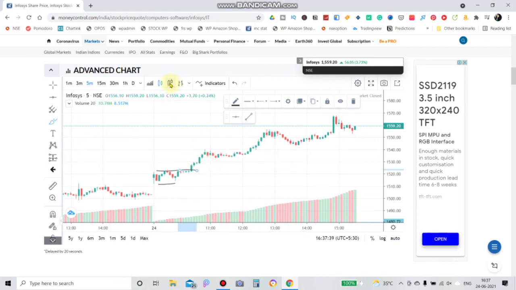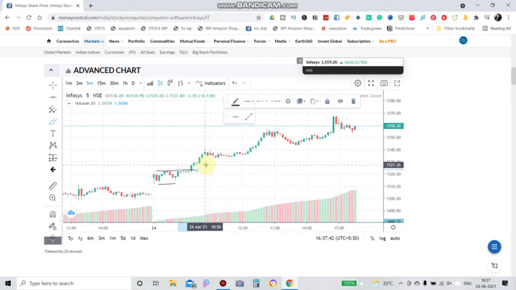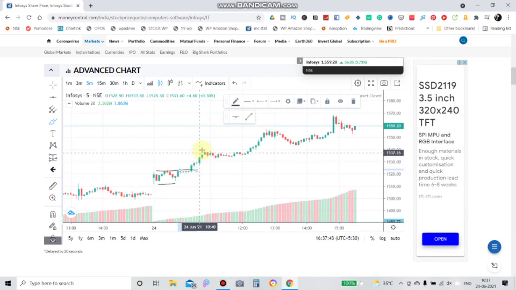Another thing is that trending stocks would always be forming this kind of pattern, like higher highs and higher lows, so you can see that to confirm it. If you see any other chart pattern in the chart, you can use that for confirmation.